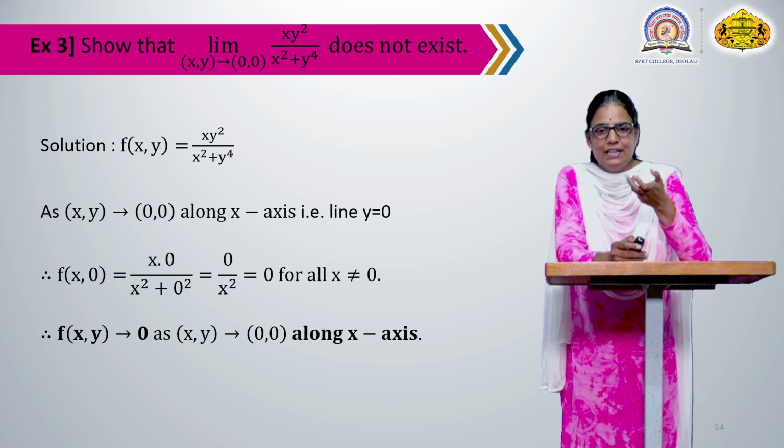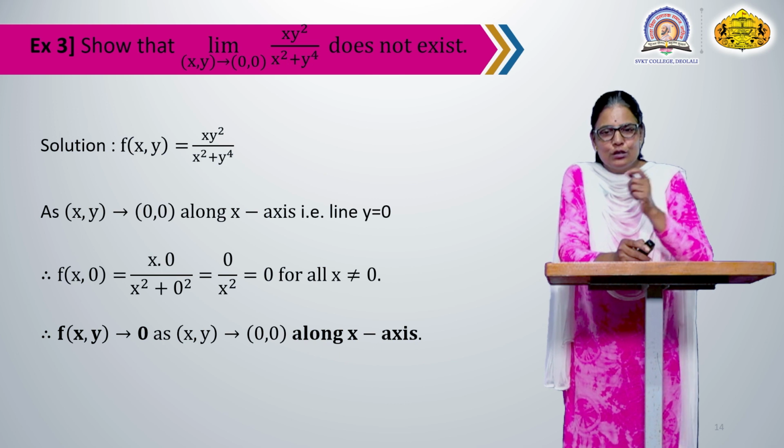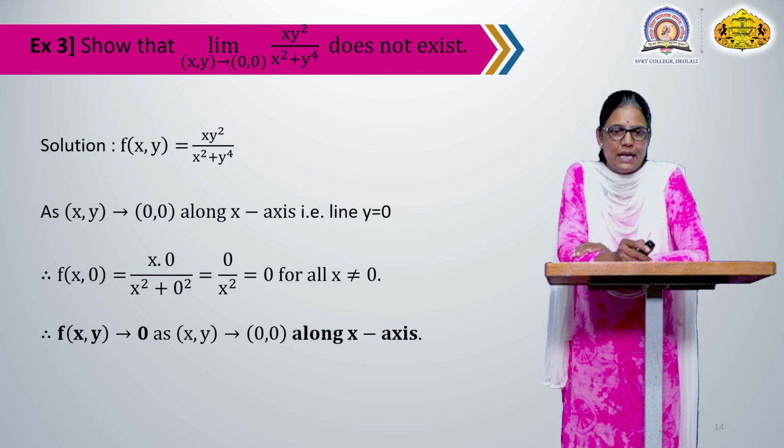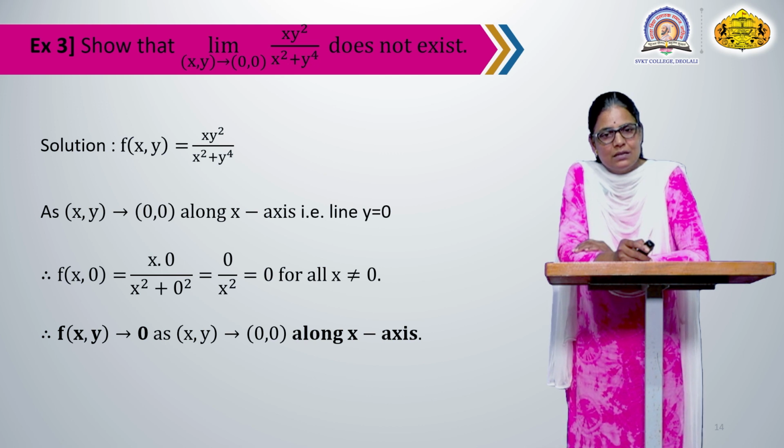Similarly, you can find the limit along the y-axis. Suppose I want to find the limit along the y-axis, that is, we put x equals 0 here. Then x into 0 upon x square plus 0 square, again we get 0.